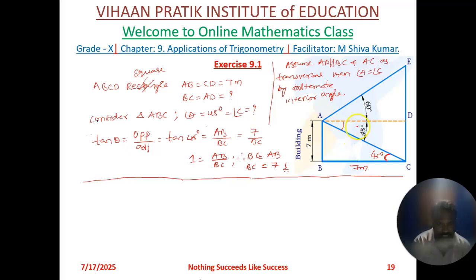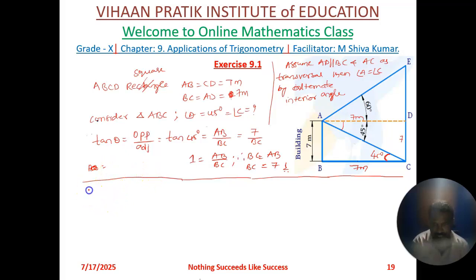Since they are opposite sides, AD will become 7 meters and DC will become 7 meters. That is, AB equals CD, which is 7 meters, and BC equals AD, which is also 7 meters. So it's a square.